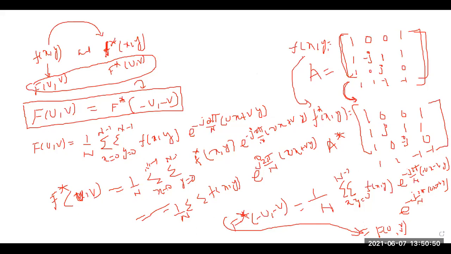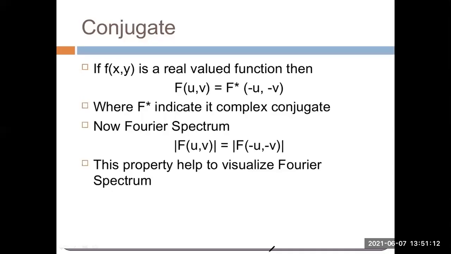So what does the property say? The conjugate property says that if f of (x, y) is a real value, then in the conjugate property this condition will hold good.